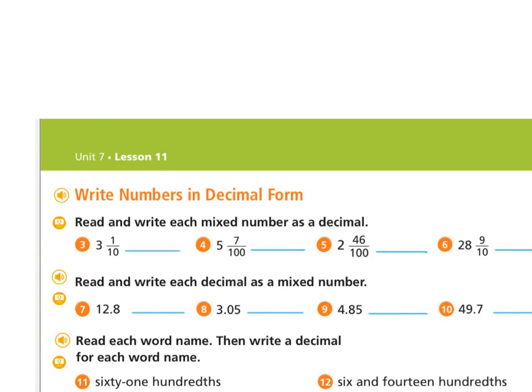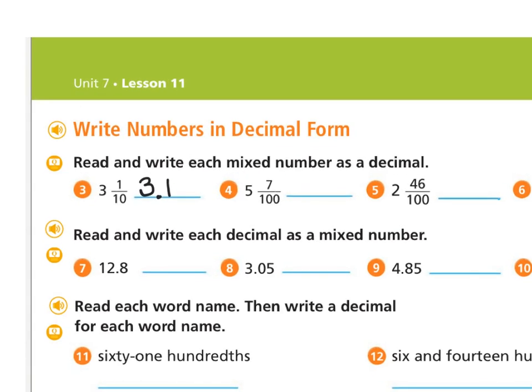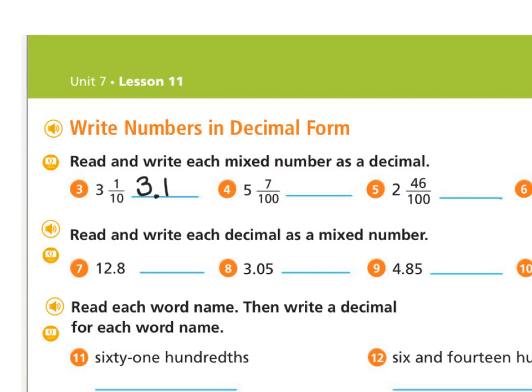I wrote 3 and 1/10. Good. Did it look like that? Yeah. Awesome. Give Addison a clap and a half. 1, 2, 3. Okay. Kalyan, what did you write for number 4?